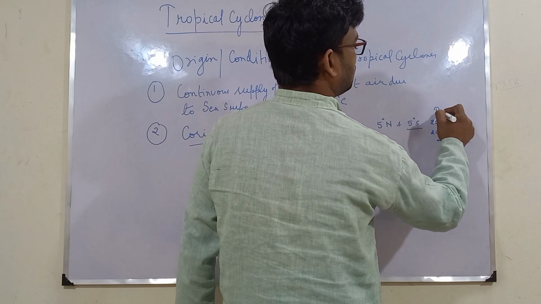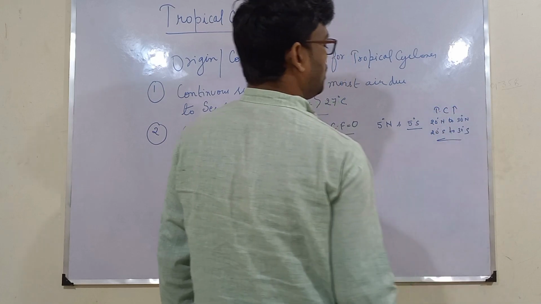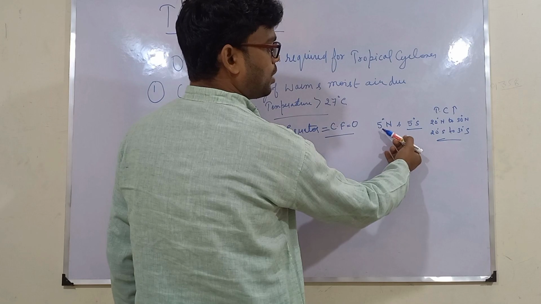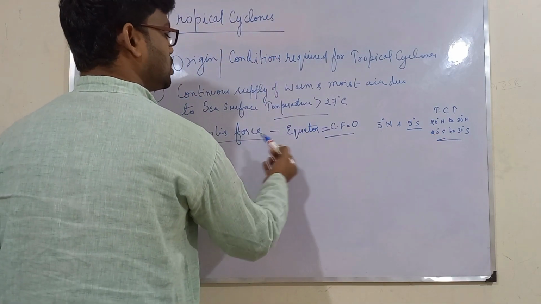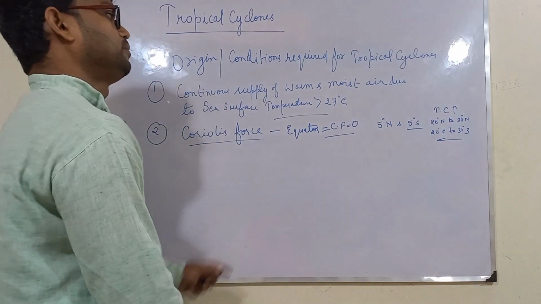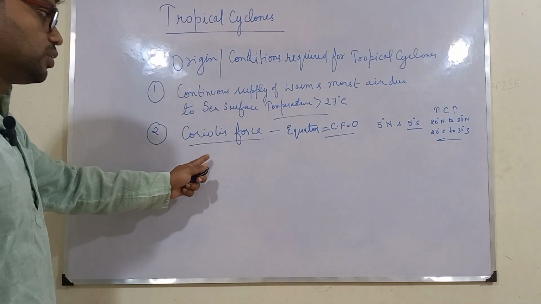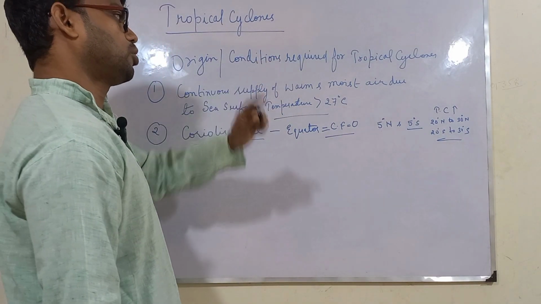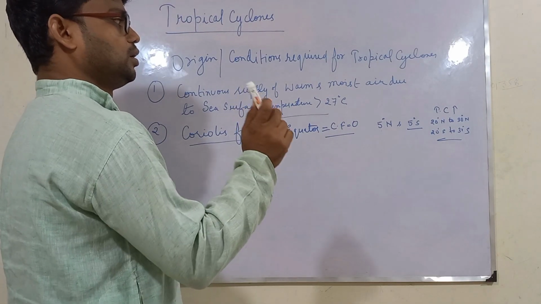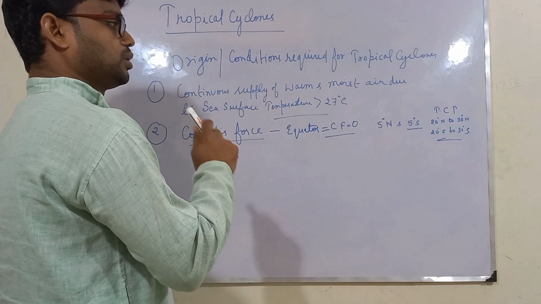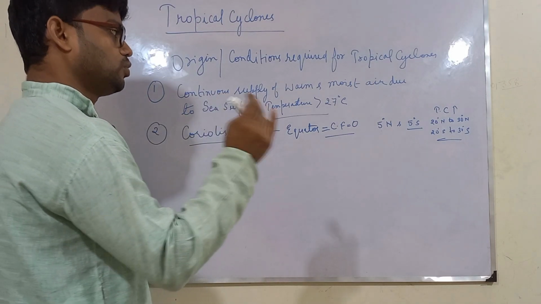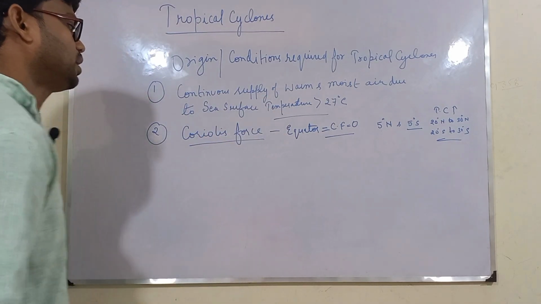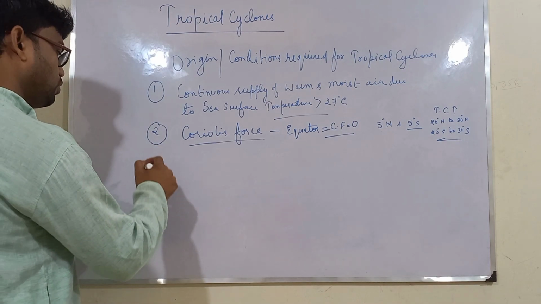This is the region where maximum tropical cyclones are formed. Generally these cyclones are formed above 5 degree north latitude or below 5 degree south latitude. Why? Because the Coriolis force is 0 near the equator, and Coriolis force is a must for tropical cyclones because it makes the straight moving wind rotate. So this is the second condition, Coriolis force.